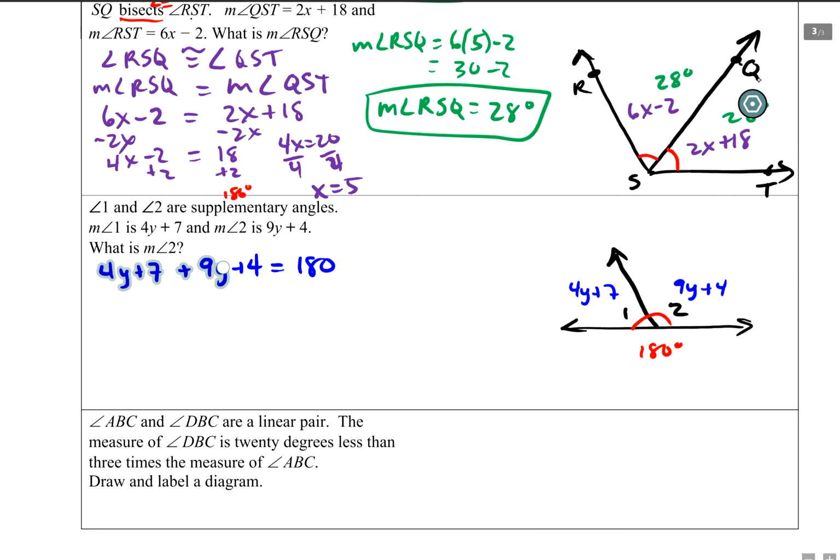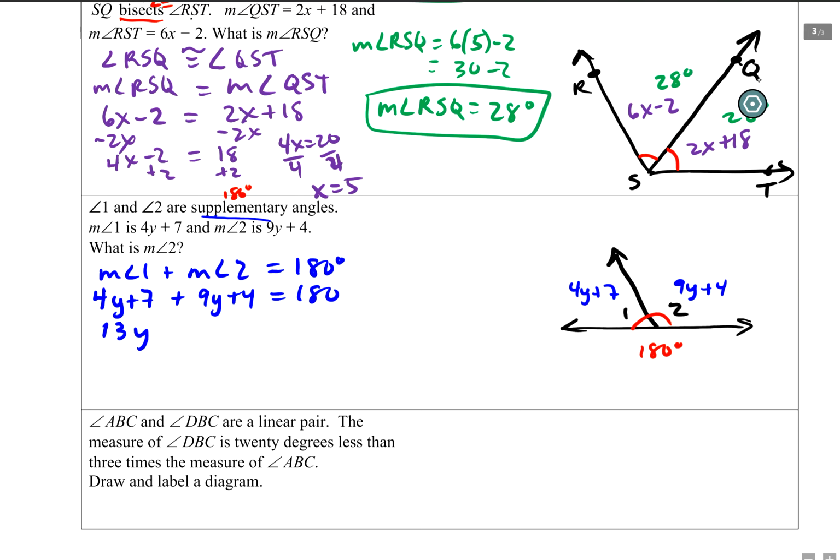Actually, let's do this properly. The measure of angle 1 plus the measure of angle 2 equals 180 degrees. That is definition of supplementary. So now I can substitute: 4y plus 7 plus 9y plus 4 equals 180. 13y plus 11 equals 180.